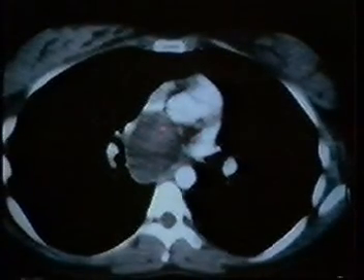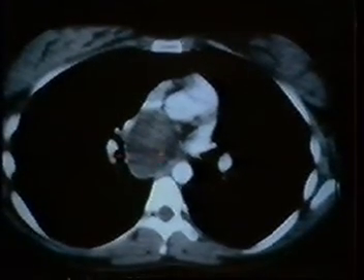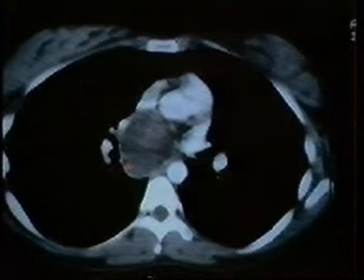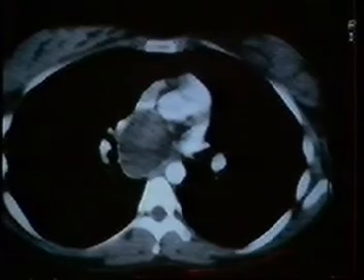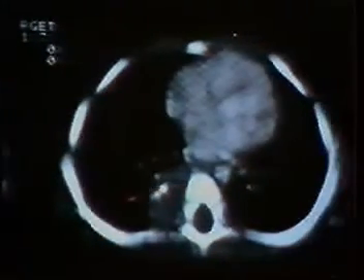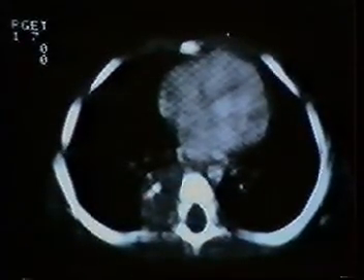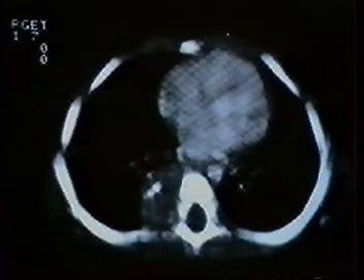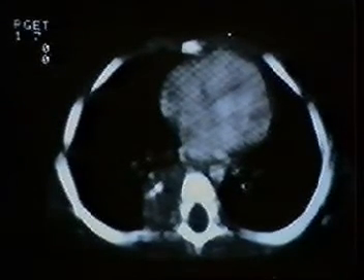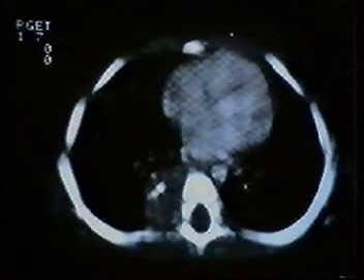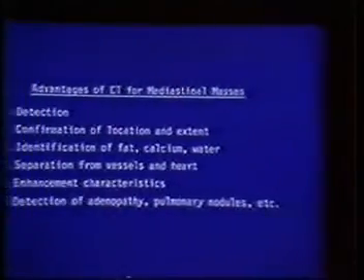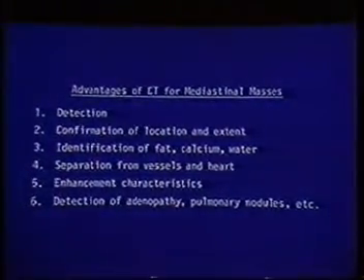Here's a middle mediastinal mass that is water in attenuation, so this would be very good for bronchogenic cyst, which it proved to be. Although, again, let me remind you, it can be higher in attenuation and still be a bronchogenic cyst. Finally, looking at calcium in a posterior mediastinal mass, this almost always indicates not only a neurogenic tumor, but a neurogenic tumor that has some elements of neuroblastoma in it, and this one's a ganglioneuroblastoma. So the ability to identify these abnormal attenuations may help you to come up with a more specific diagnosis.